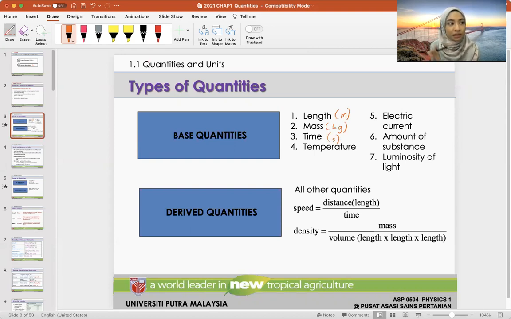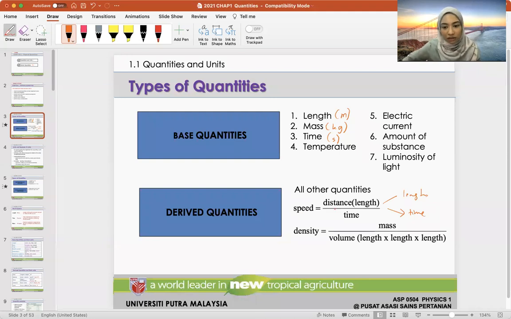Can you break time into smaller parts or smaller components? You can't. But other quantities such as speed, you can break it down into length and time. So this is what it means by base quantity: it cannot be broken down. There's no other way of breaking it into components.